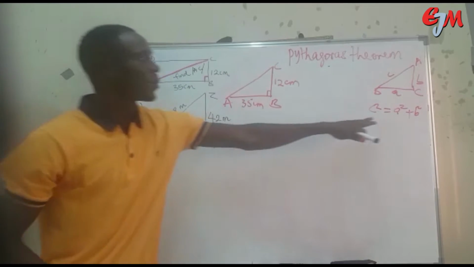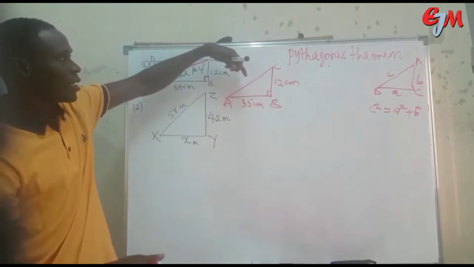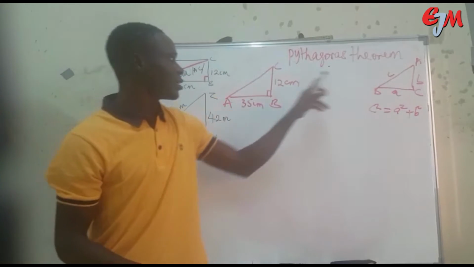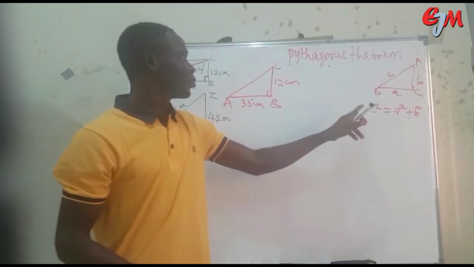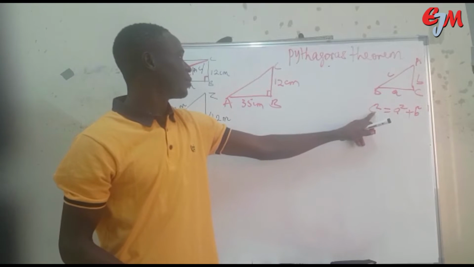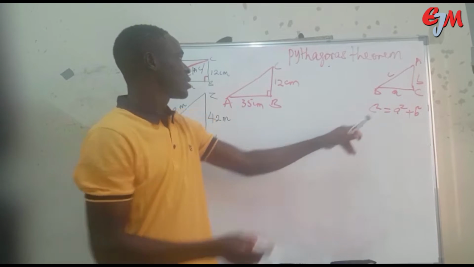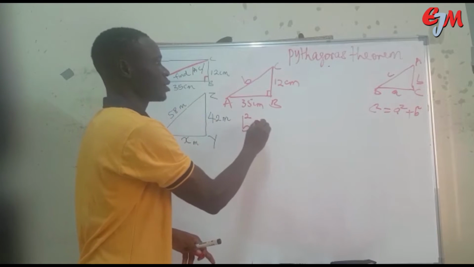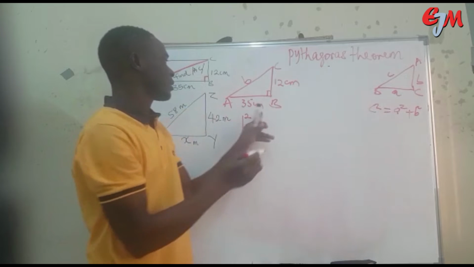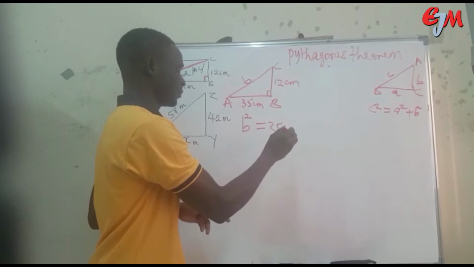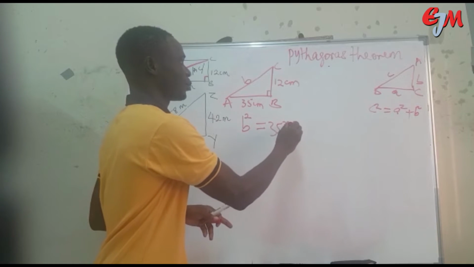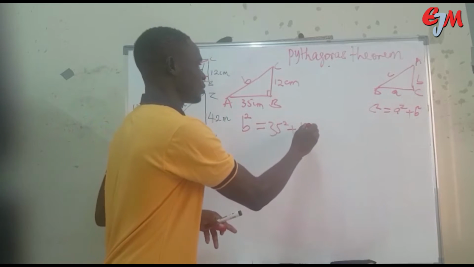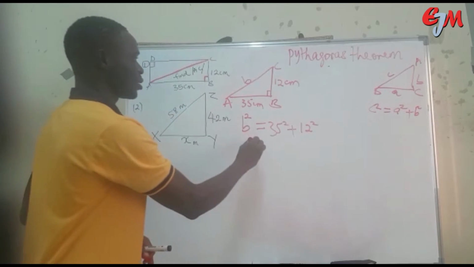So when you apply this law here, taking 35 as a, taking 12 as b, and putting our hypotenuse here, say c, c squared is going to give us a squared, which is 35 squared, plus our b squared, which is this particular one. You get the point?